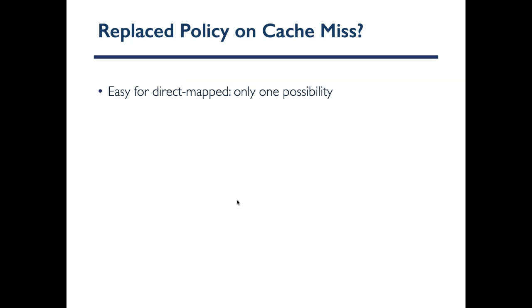Because your memory block is mapped to the same cache block, you have to evict whatever you have cached in that block. So you don't need to choose between different options. You only have one option, so you evict the one that is already cached.